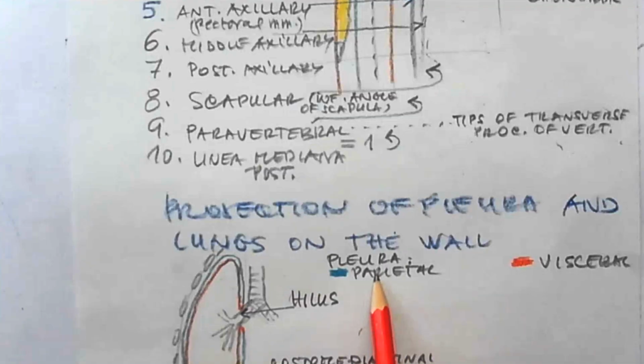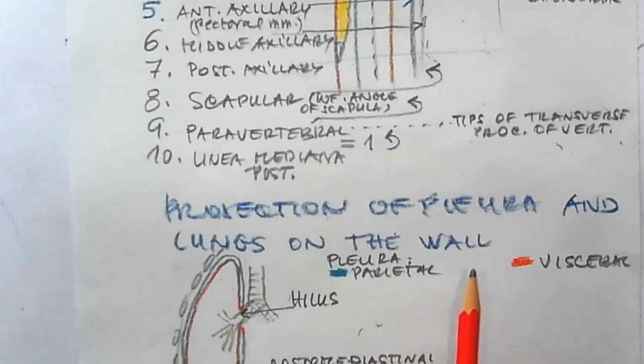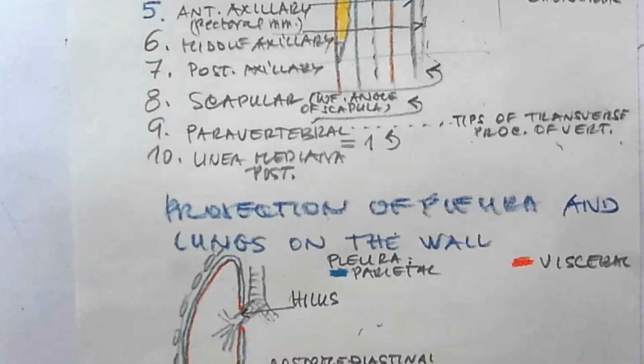But concerning the pleura, repeating, parietal and visceral, correct. So these recesses can contain the fluid produced by the pleura, but they can also contain pus and blood. So that one, especially that one, is of high clinical importance.